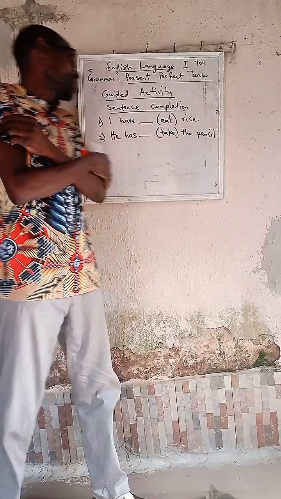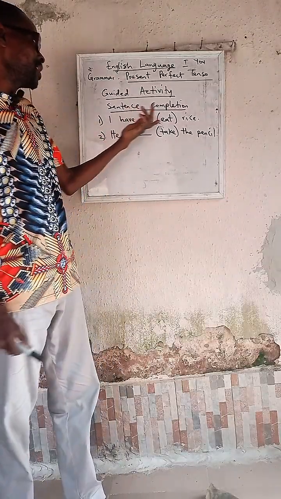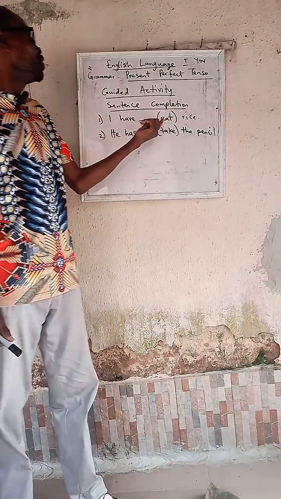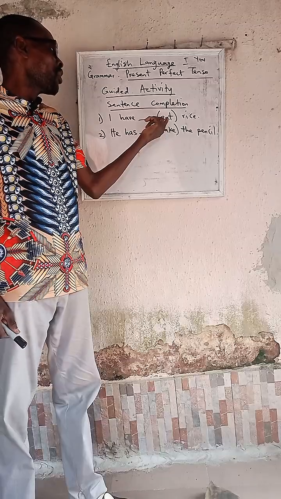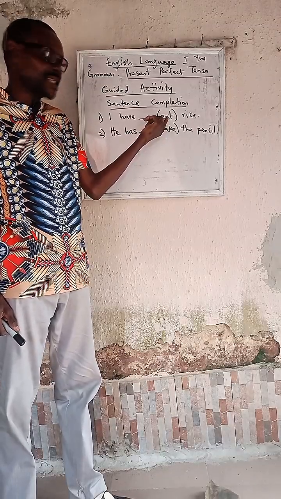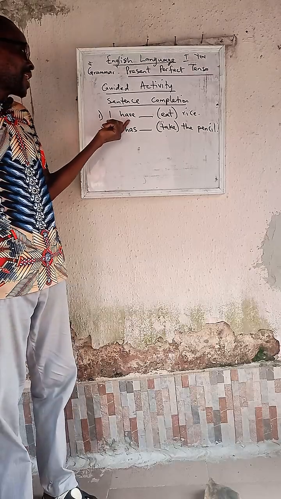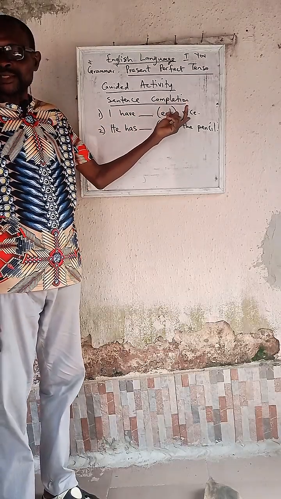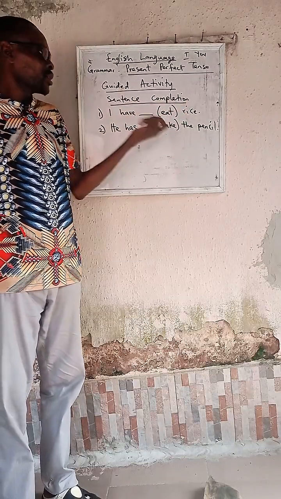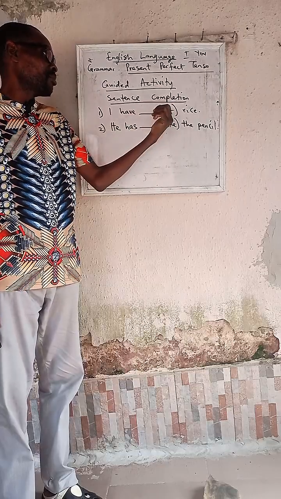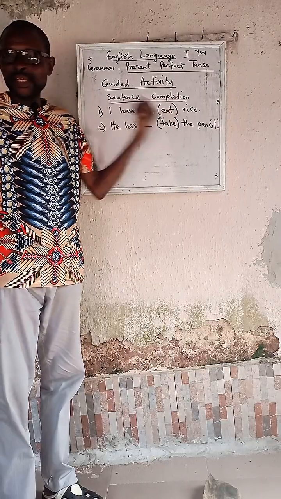Okay, now it's your turn. I want you to complete this sentence using the past participle form of the verb in the bracket. Let's start with Brown. Brown, complete this sentence. I have dash rice. It is in the bracket, so you complete this sentence with the past participle form of it.